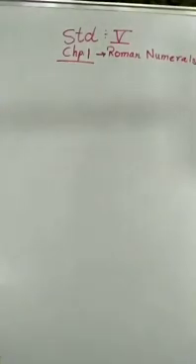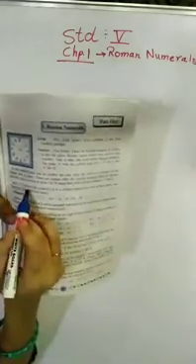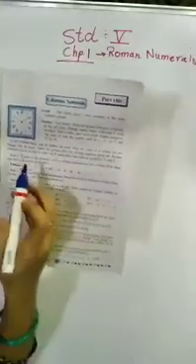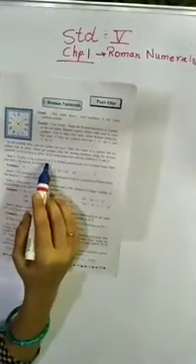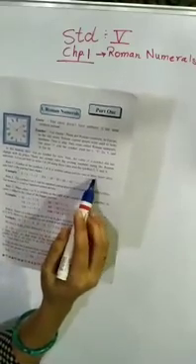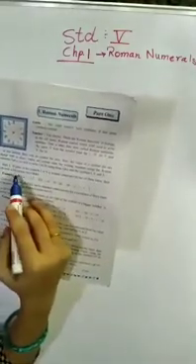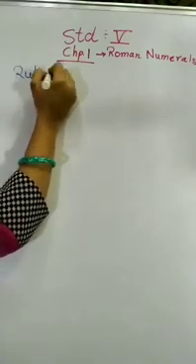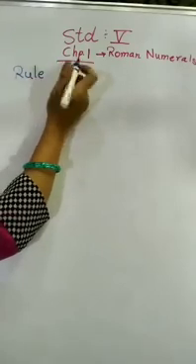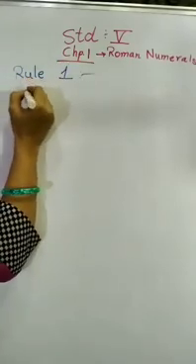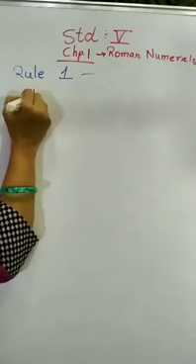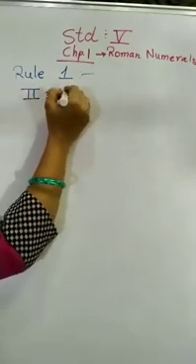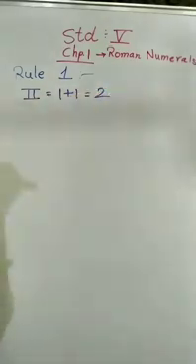See, this is rule number 1. In your textbook, page number 1: if either the symbol I or X is written continuously 2 or 3 times, their sum total is the number they make. For example, if I write II, it means 1 plus 1, which equals 2.